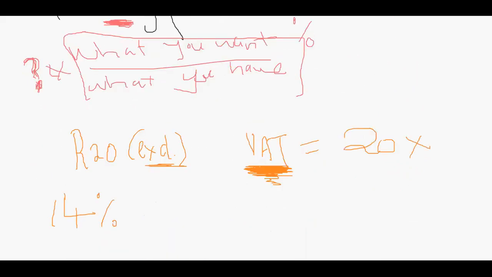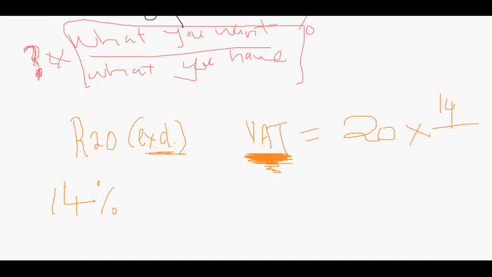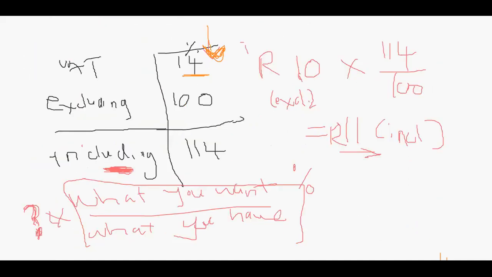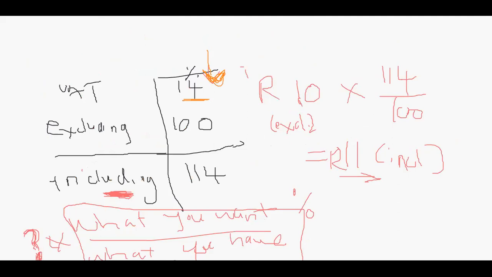So you say 20 times 14 over what you have. What number do we have here? It's 20, right? And 20 is excluding VAT. And what percentage is 20?